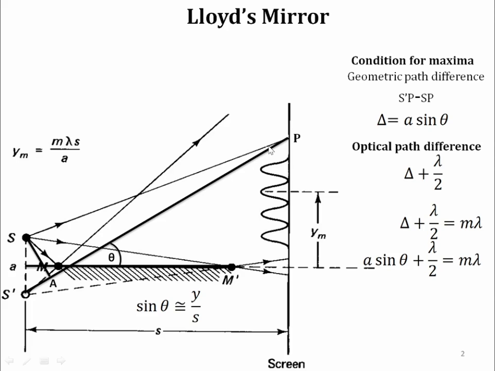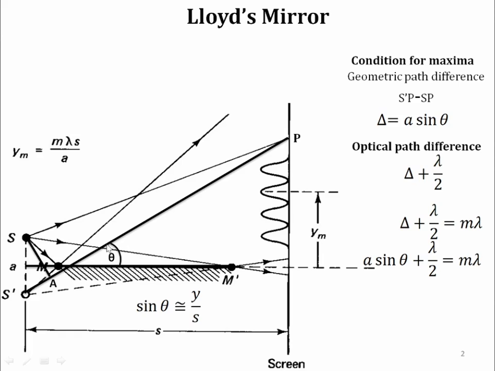But now there is another approximation which we are making: let us assume the screen is placed far away from this mirror, or even if not so, let us say the size of the screen is not very big. So we are assuming the screen is small, such that the hypotenuse can be taken to be almost equal to the base, if the angle is small, meaning theta is small.